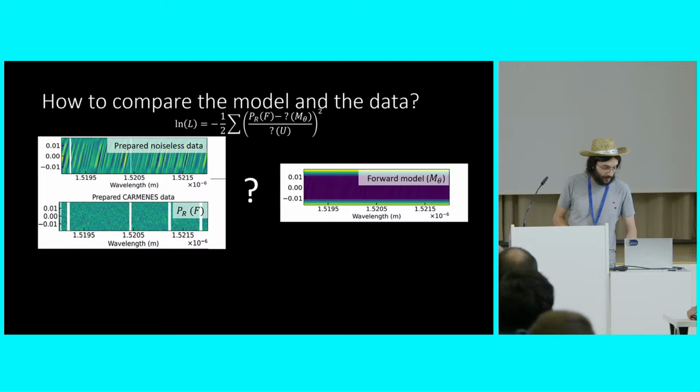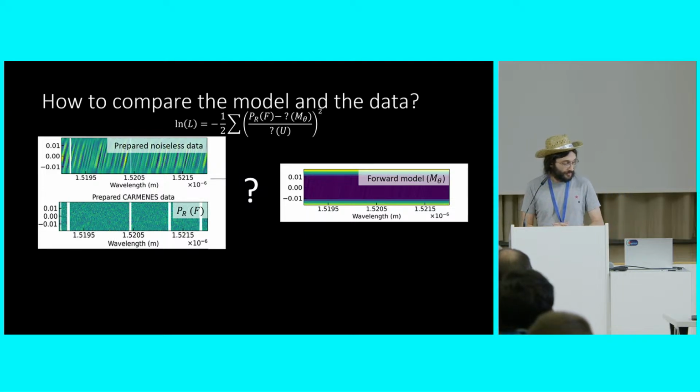And then the question that comes to mind immediately is, how do you compare these two things? You have your prepared data and your forward model, and if you look at them, they look very different. So how do you modify your log likelihood function to take this into account?